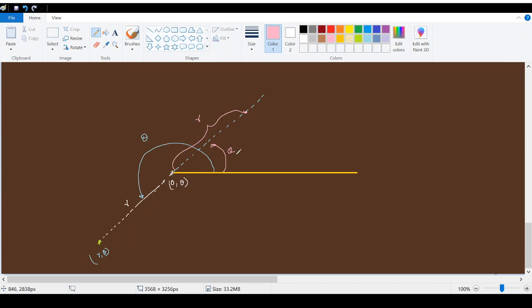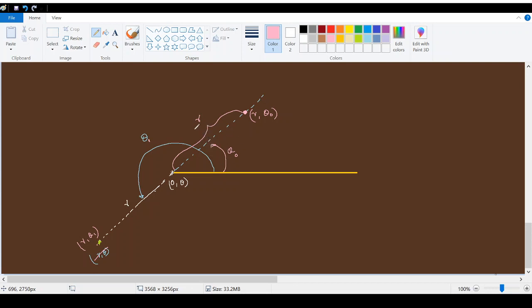Let's name this as theta 0, and let's name this as theta 1. Then the position of this object will be r, theta 0, right? And this object will be r, theta 1, because this angle is theta 1. But see, these two objects lie on the same line, right? The only difference is with this angle.